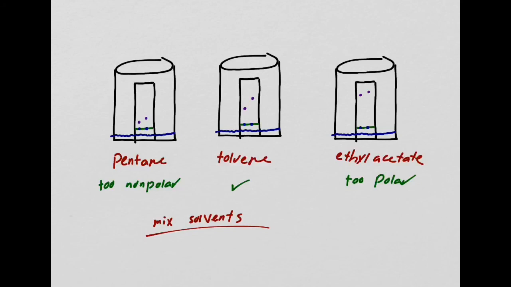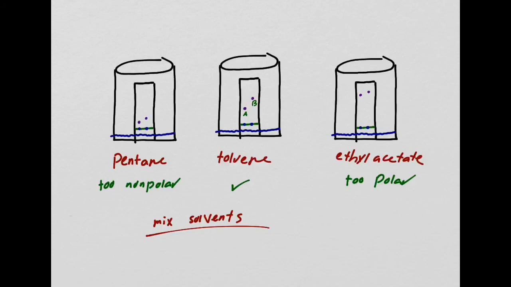Now, the compound polarity is different. When you look at these two compounds, I'm going to label them as A and B. Which one of these two compounds is polar and which one is non-polar relative to each other? What do you think? A and B, which one is more polar?